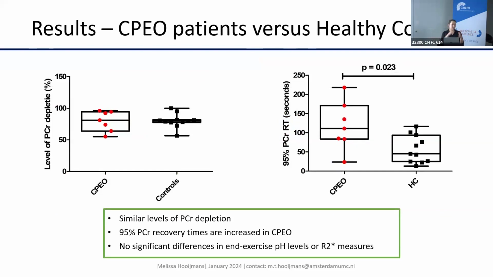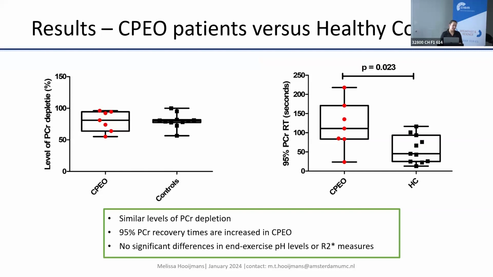And we saw that with the same kind of exercise, they reached a similar level of PCr depletion. So the exercise for both groups was of equal heaviness somehow. And then we looked at how quickly PCr could recover back in those participants.